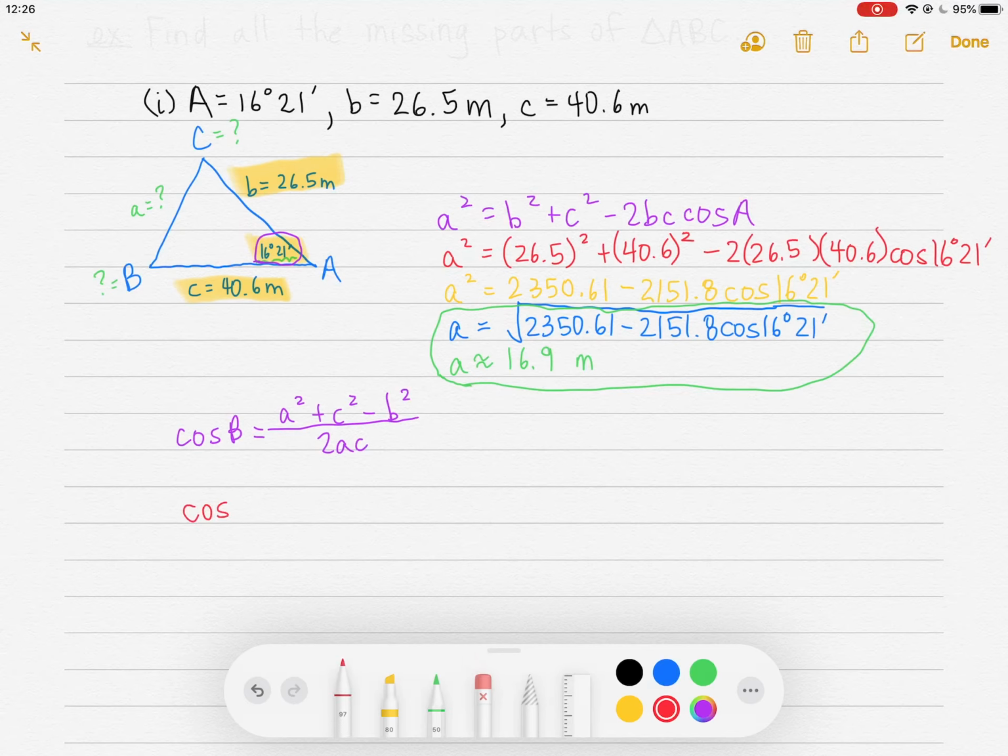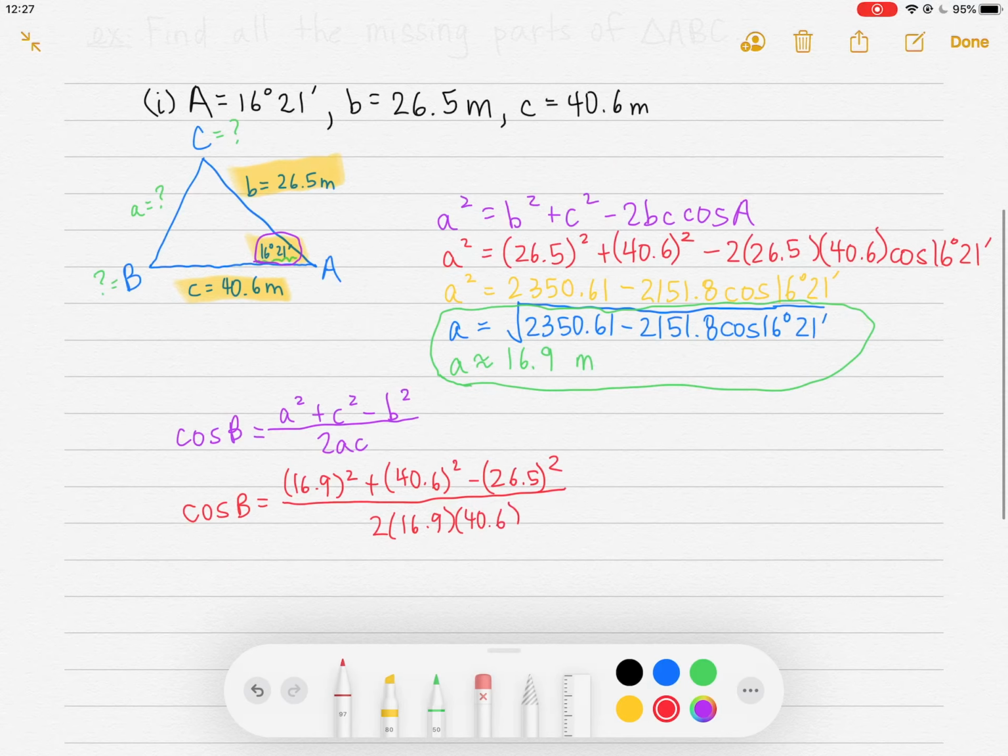So our cosine of big B is equal to 16.9 squared plus 40.6 squared minus 26.5 squared, all over 2 times 16.9 times 40.6. And you can just type the whole top and then the whole bottom in your calculator.